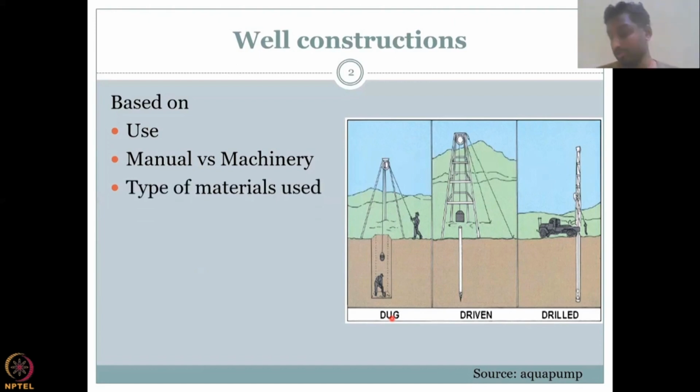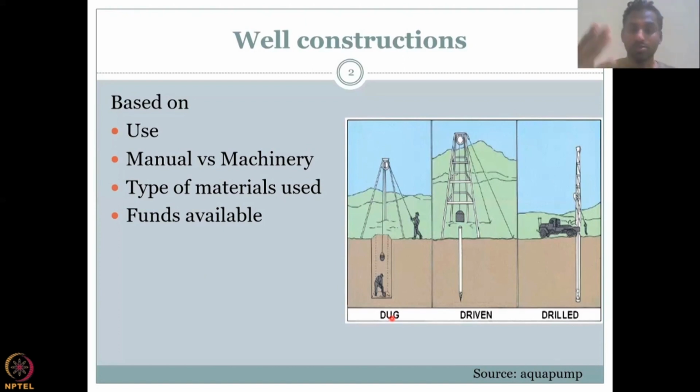And this can also impact the type of well or construction which is going to be made. The type of material used is also very important. How do you want to case the well? What is the casing you want to put around the well so that the material doesn't fall in? So all these also play a vital role in the well construction. And most importantly, it is the funds. How much funds do you have for constructing these wells?